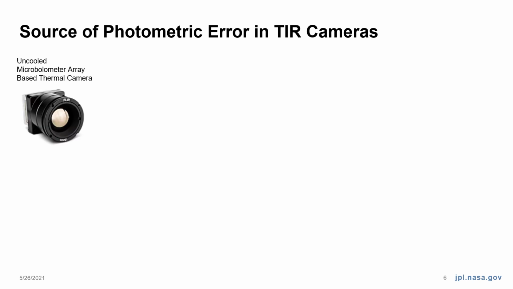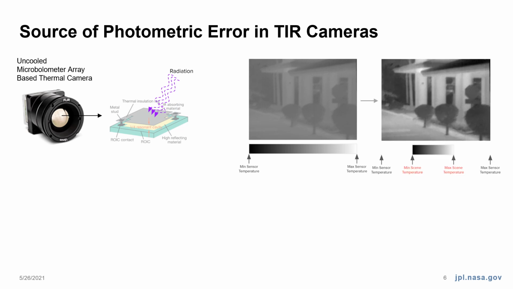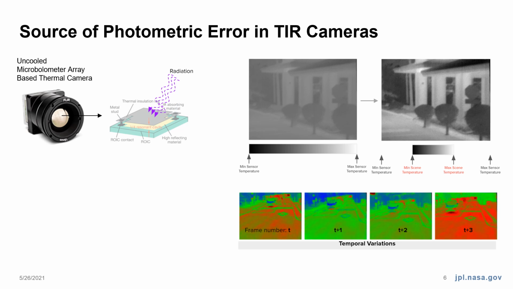The source of these photometric errors is tightly tied with the sensor data acquisition. A thermal camera has many microbolometers, each of which contributes to a pixel in the image. To maintain high contrast in the image, the camera adapts the grayscale range based on the scene. However, as the scene changes, we can expect the camera to introduce temporal variations.